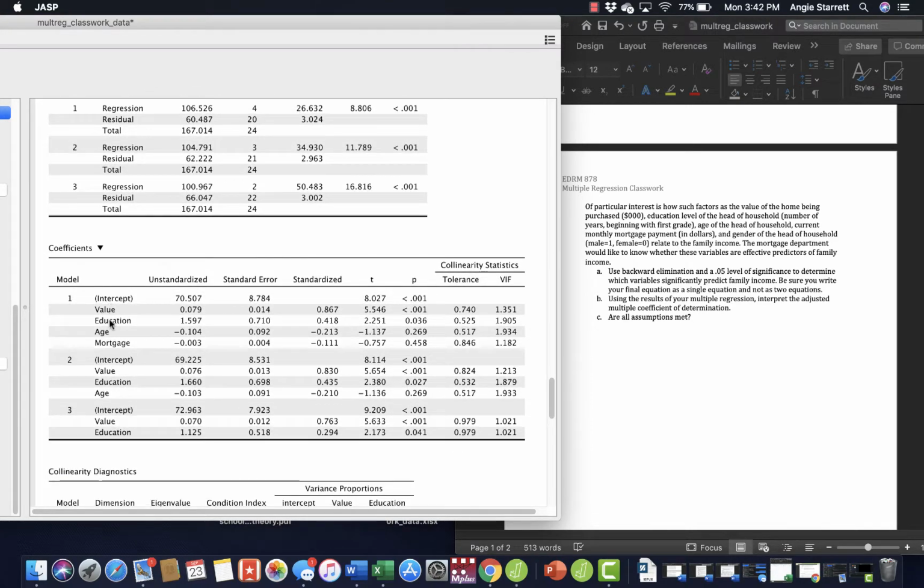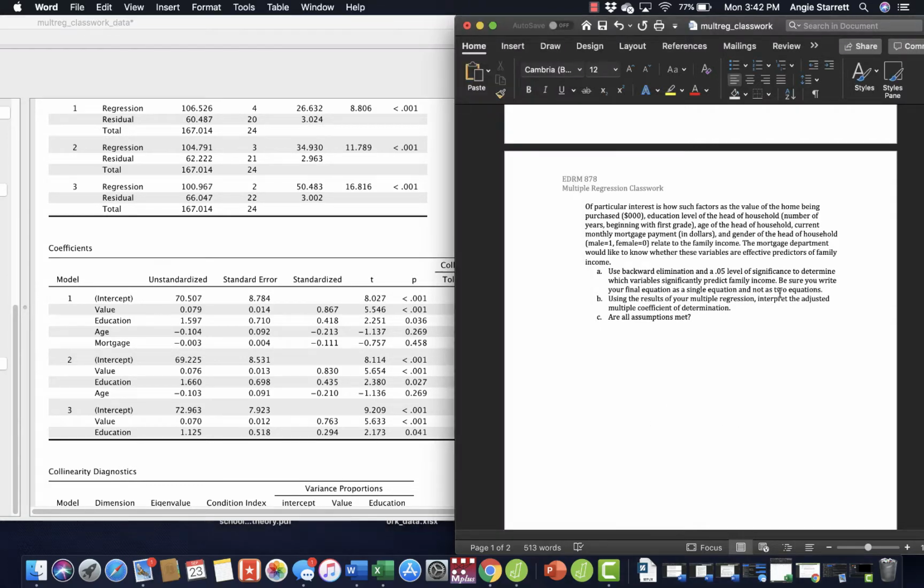We started with value, education, age, and mortgage. Mortgage had the largest p-value, so it was removed. Then we ran value, education, age. Age had the largest p-value, so it was removed, leaving only value of the home and education of the head of household.